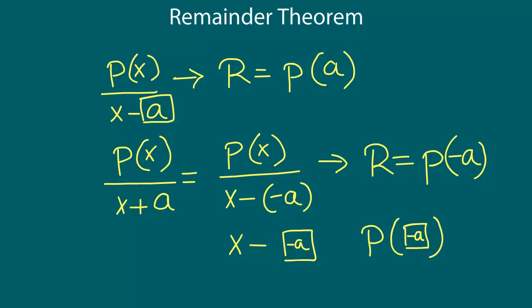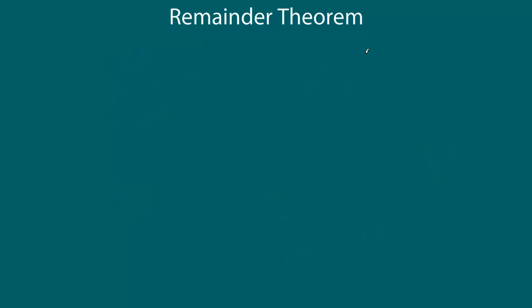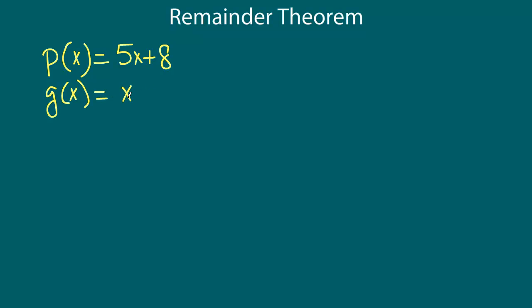So let's take a look at some examples. Let's start out with maybe one or two linear polynomials. So let's say we want to divide 5x plus 8 by the polynomial x plus 1. So what is the remainder?